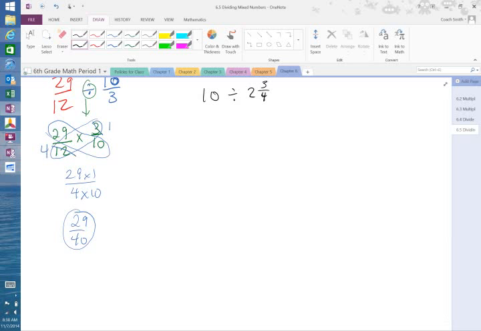But 2 and 3/4, that's close to 3, right? Because I got 3/4 of the pizza. Okay. So how many times does 3 go into 10? 3 times. So it's going to be somewhere between 3 and 5. Okay? So your answer, once you get it, needs to be somewhere between 3 and 5. Okay? So go ahead and do that one. I'll give you a minute or so to do it.